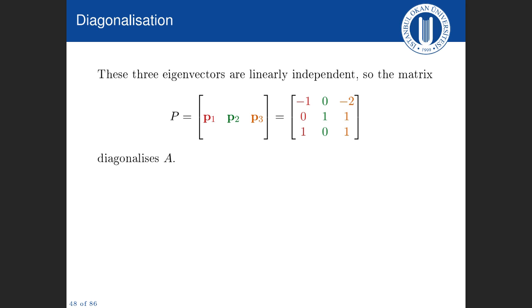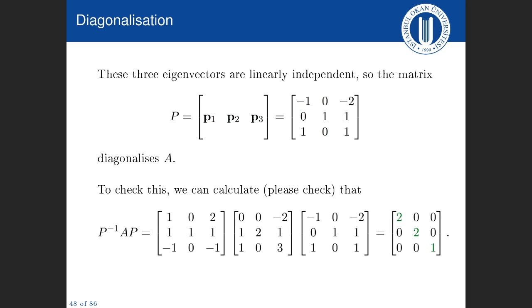This is the matrix which diagonalizes A. To check that we haven't made a mistake, we can calculate P inverse AP. I leave it for you to check that if we multiply these 3 matrices together, we get the diagonal matrix with diagonal entries 2, 2, 1.